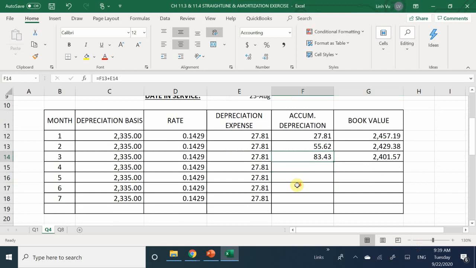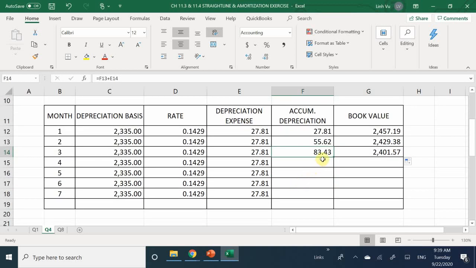All right, so I'm going to go ahead and just stop you from calculating and just pull my formulas down so we can speed up everything. Okay, so that's what it's going to look like at the end of 7 months.